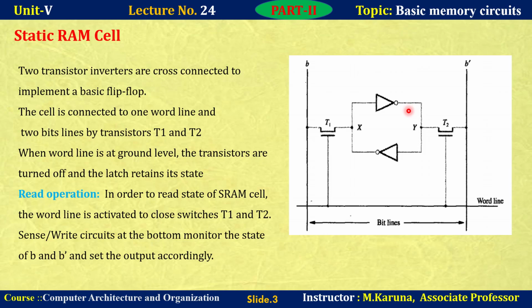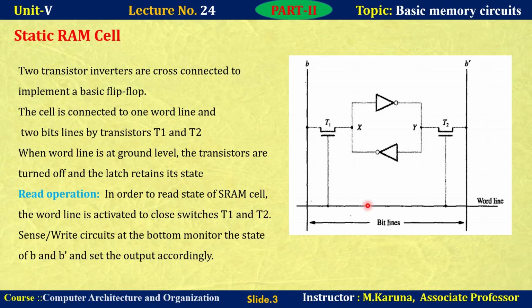The latch is connected to two bit lines, bit line B and B dash, by transistors T1, T2. These transistors act as switches that can be opened or closed under the control of the word line.